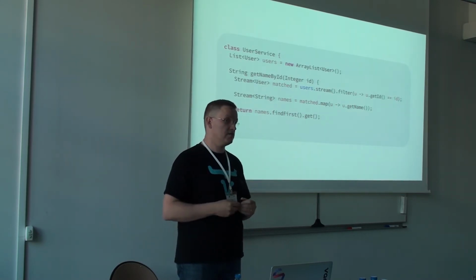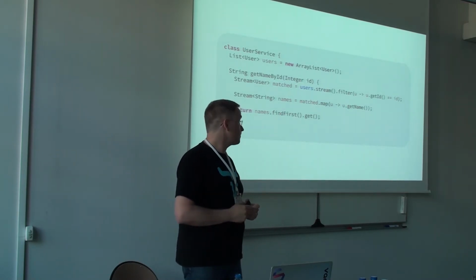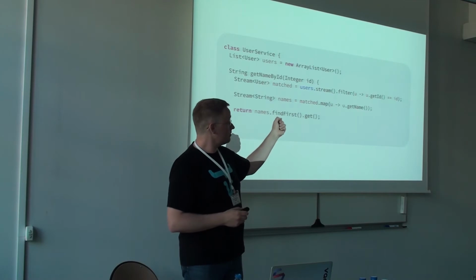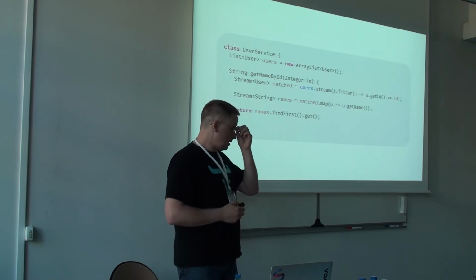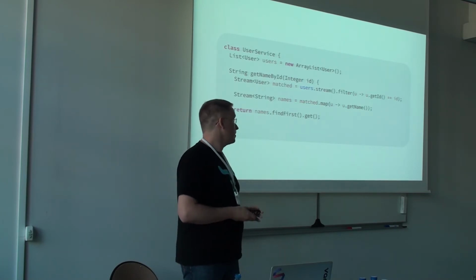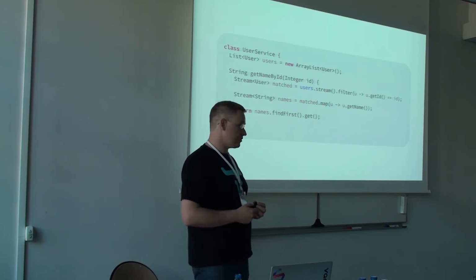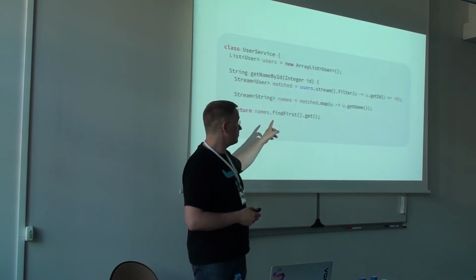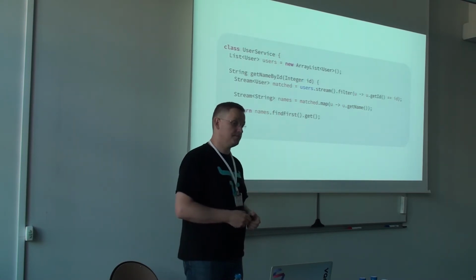And if our list is anywhere near sane, it will probably contain exactly one or zero users. Then we can take that and map it from user into the user name by calling getName for the user there. And it's no longer a stream of users, it's a stream of strings, obviously. Again, it probably contains one or zero strings. And then we can just find the first thing from the stream of strings, get it and return it.